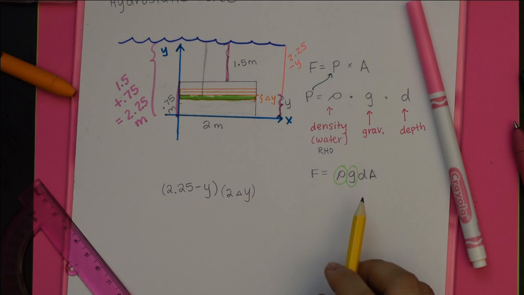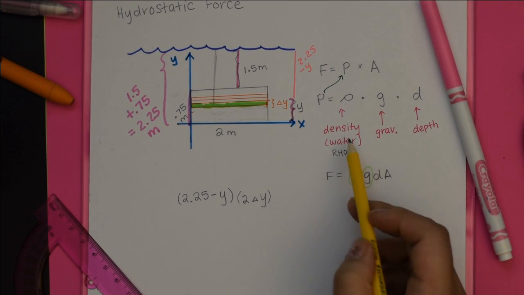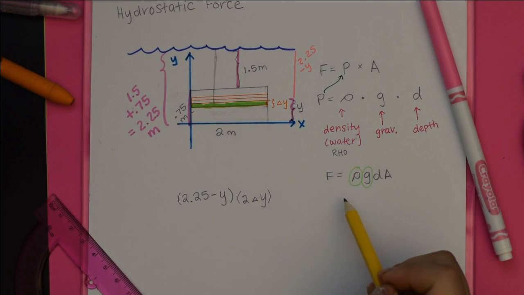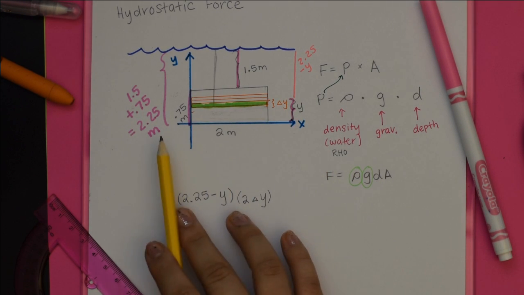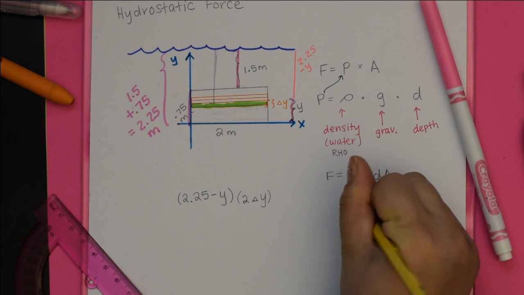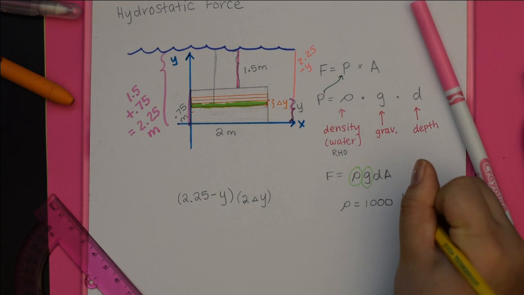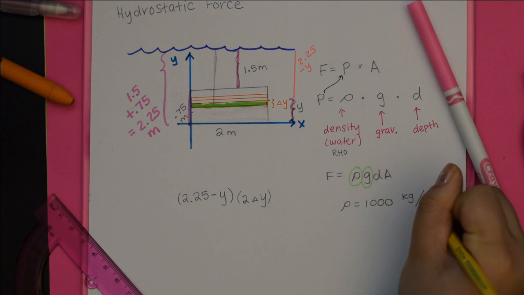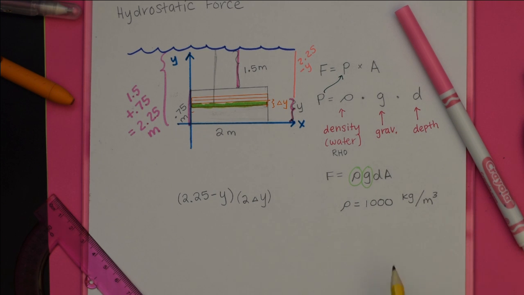And then rho and g are constants. Rho is the density of the liquid, in this case water. And since the units are given in meters, rho here is 1,000 kilograms per meter cubed. Okay, so that's just a constant.